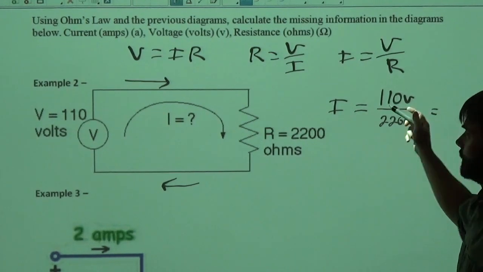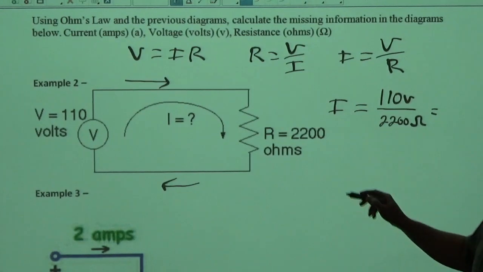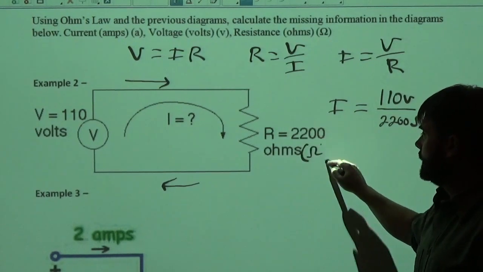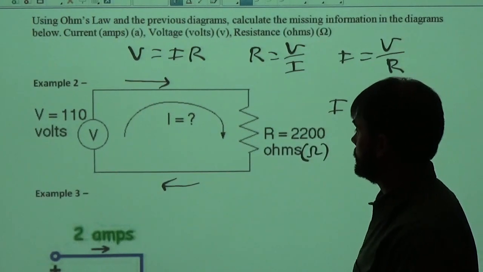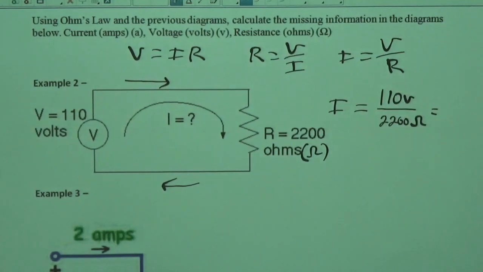And you'll see the symbols that we use as we go along and kind of adapt to them. An ohm kind of looks like an upside down horseshoe here. The voltage we use a V, and then for current we're going to use A. If I divide this out, the 110 volts by the 2200 ohms, I get a very small 0.05 amps, which is the flow of electricity going through it that way.